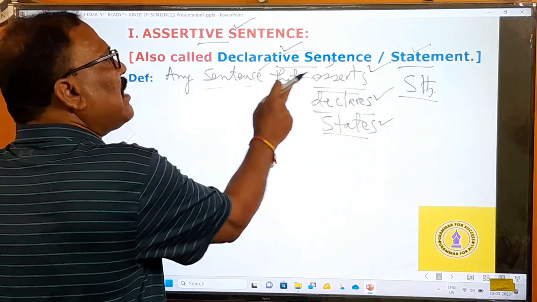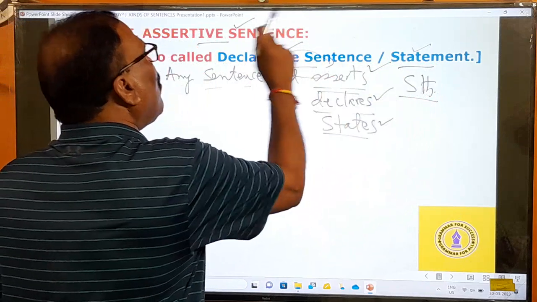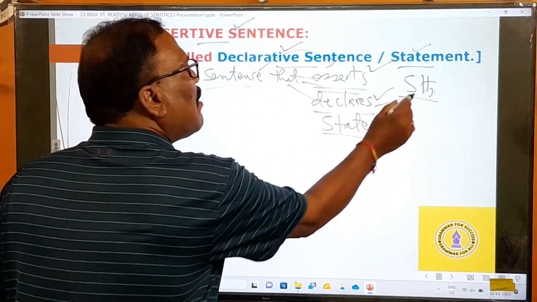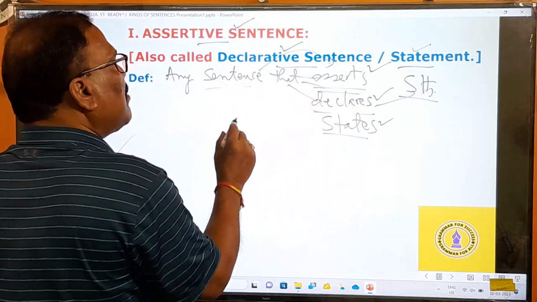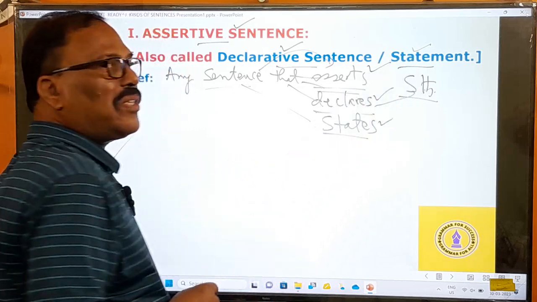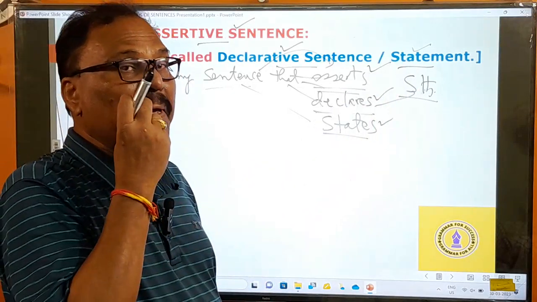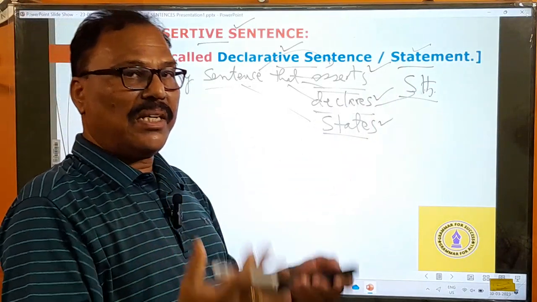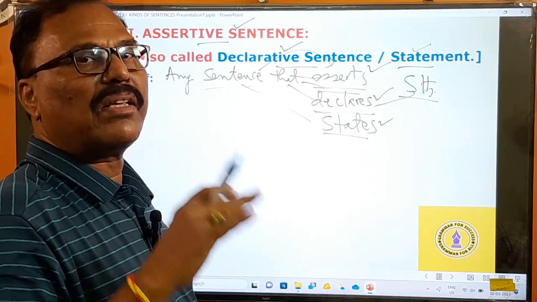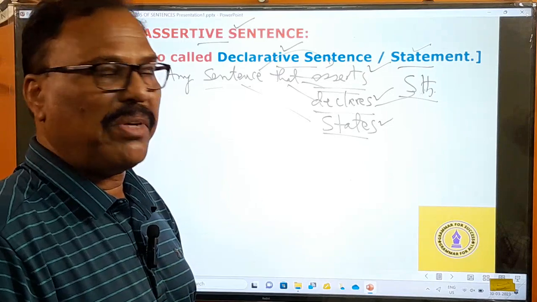Any sentence that asserts something is called an assertive sentence. Any sentence that declares something is called a declarative sentence. Any sentence that states something is called a statement, right? In this way, assertive sentence, declarative sentence, statement, all these names convey the same idea or the same meaning, right?